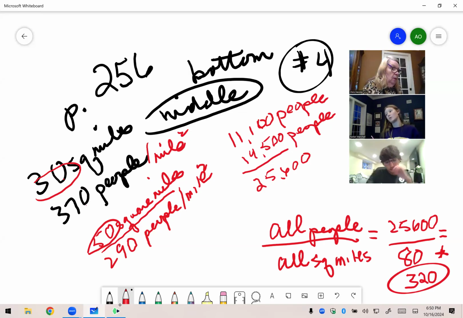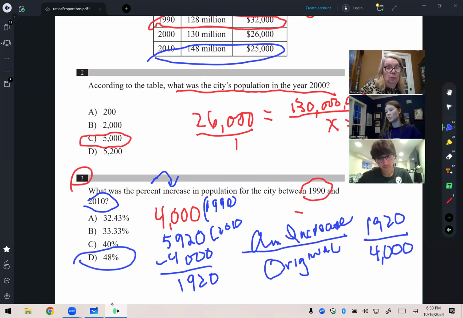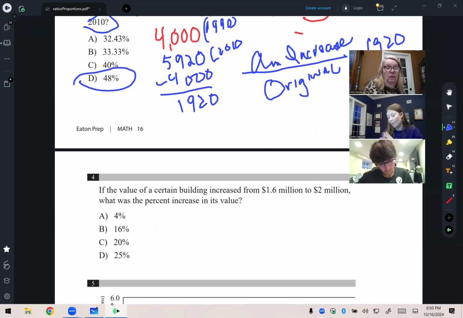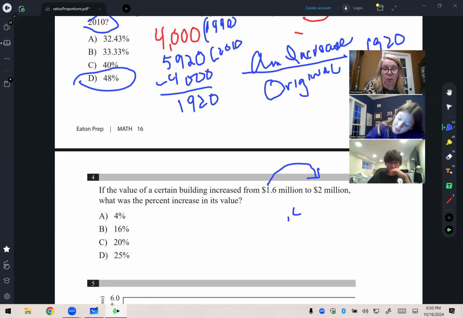All right. So now we're going to page 17 already in the packet. I know this is more percents than you ever wanted to know in your life. So the value of a certain building increased from 1.6 to 2 million. So it went up 0.4 million.